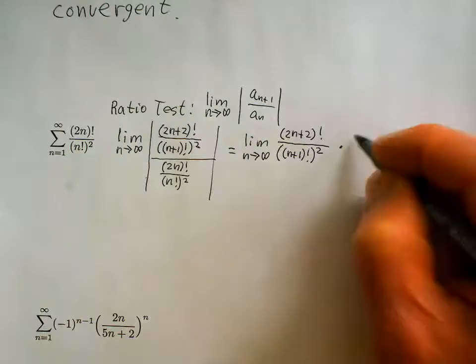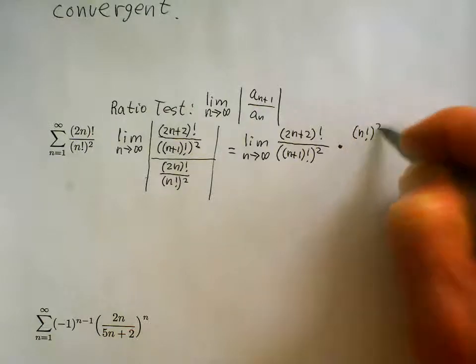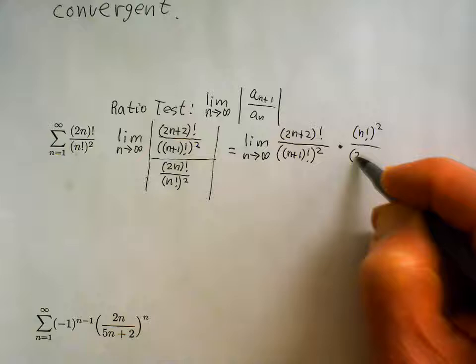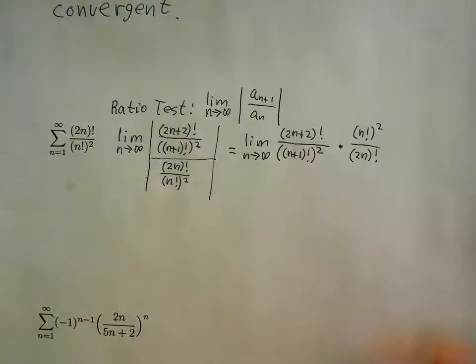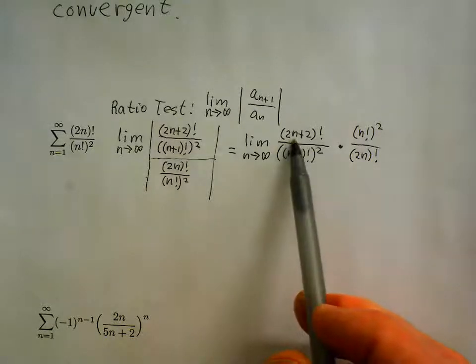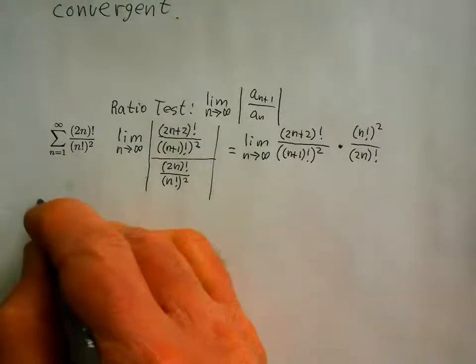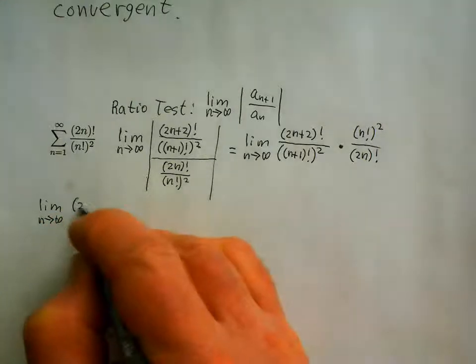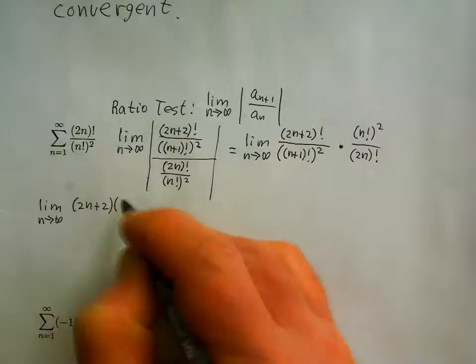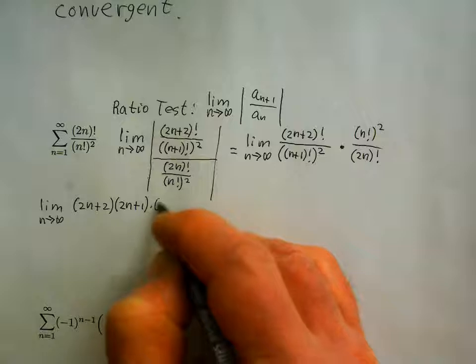And then multiply this by n factorial squared over 2n factorial. This 2n plus 2 factorial means the same thing as 2n plus 2 times 2n plus 1 times 2n factorial.